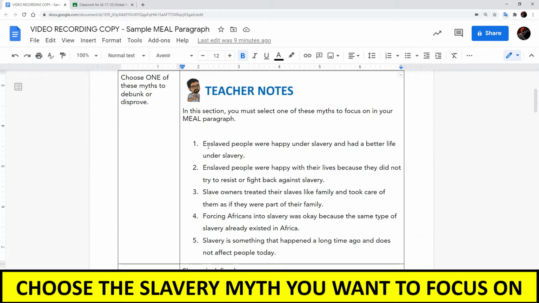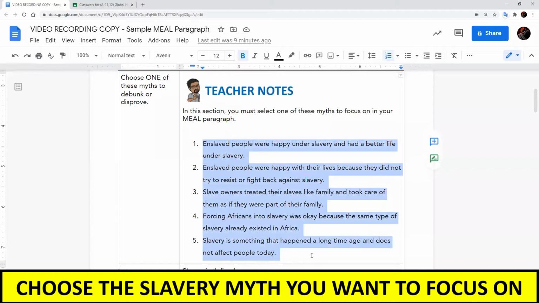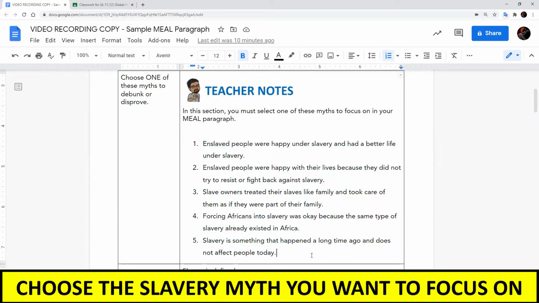You'll see here that you have 5 different choices for myths about slavery. Like I said in class, please choose one of the topics that you find the most interesting. I think that's the best way to make those final decisions about what you're going to focus on.